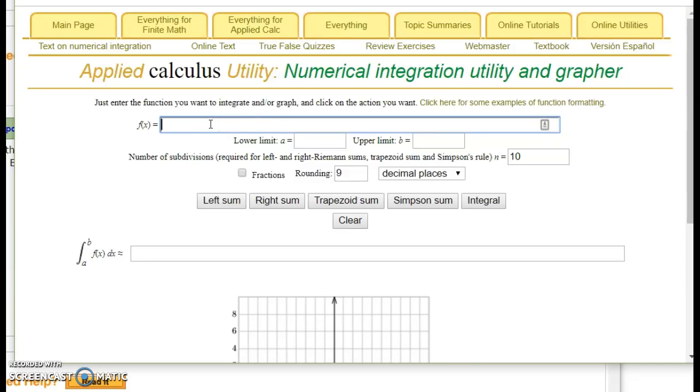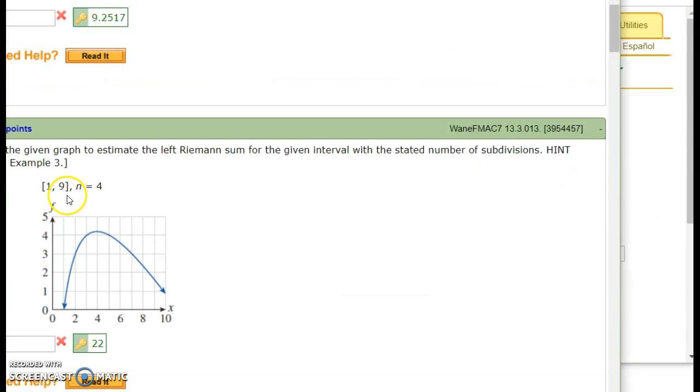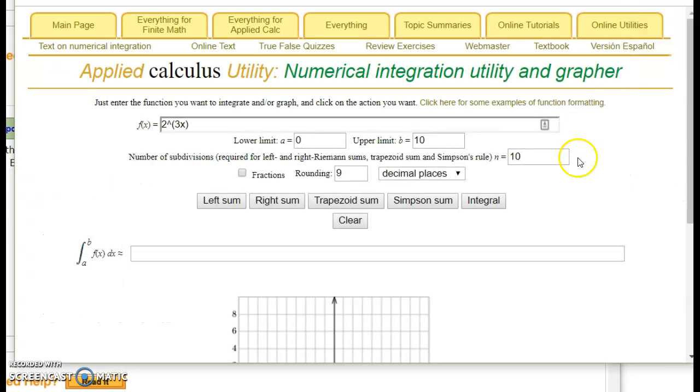So if I type in a function, 2 raised to the, put parentheses, 3x power, and I want to go between 0 and 10, how many subdivisions do I want? Let me just look back here. N equals 4. Okay. They say between 1 and 9 with 4 subdivisions.